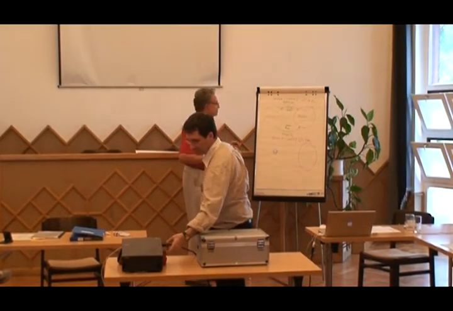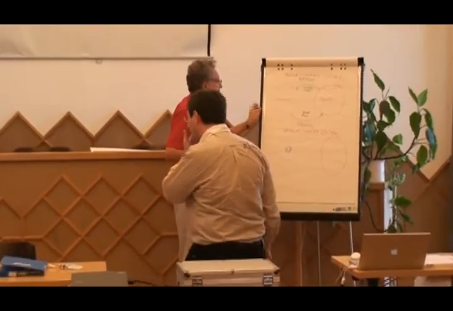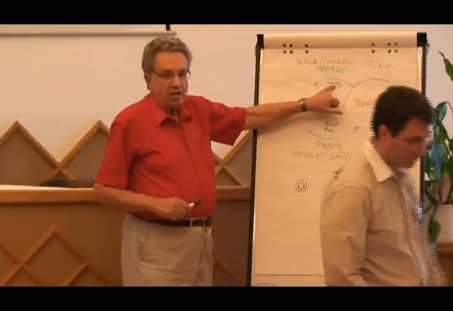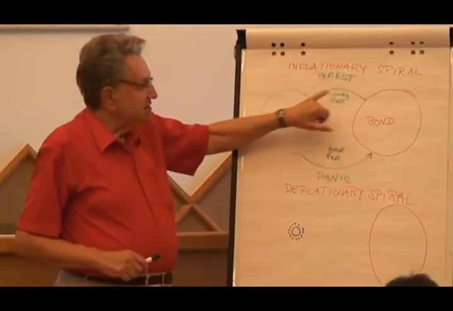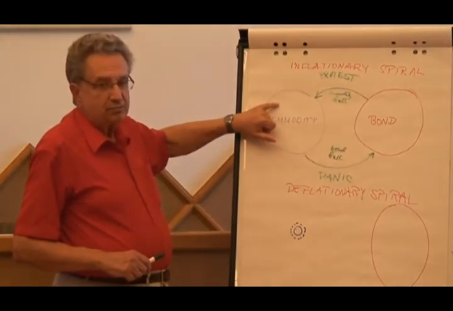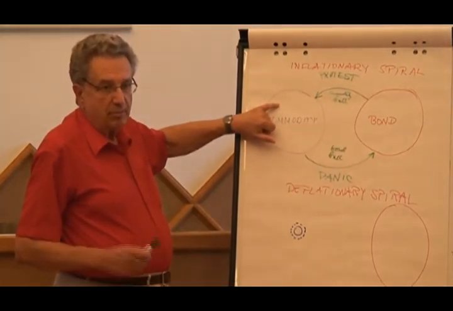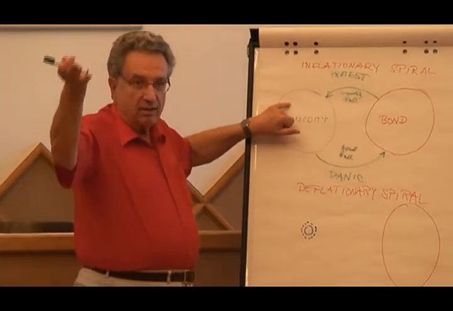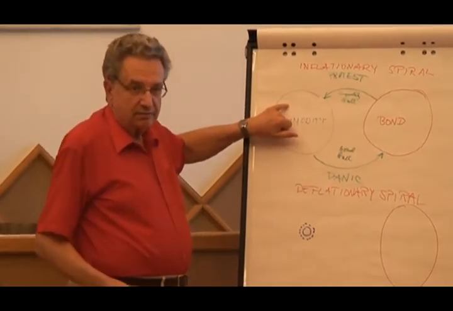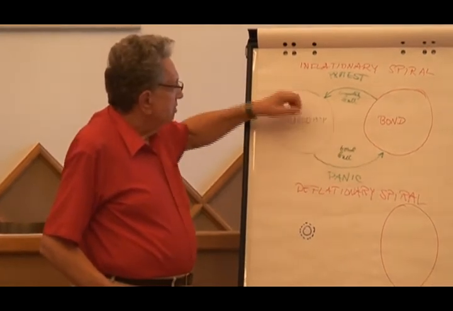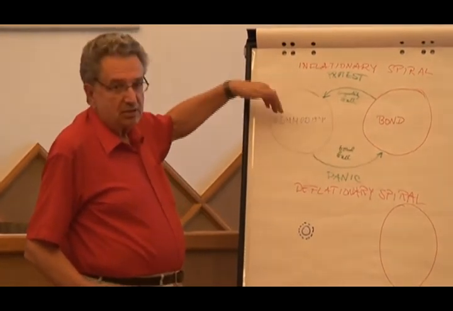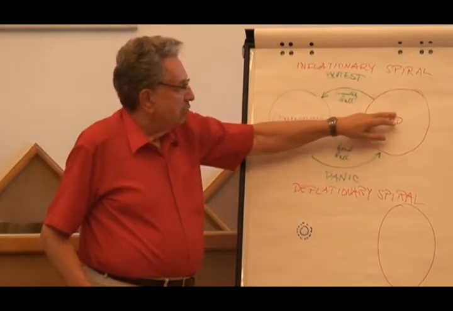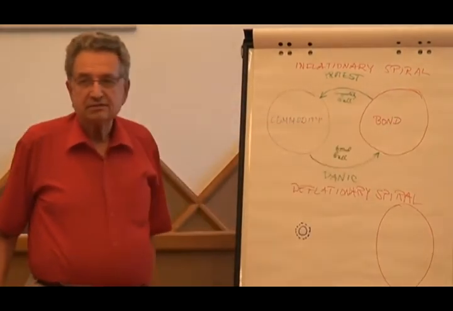So let me ask you a question. Suppose we have this commodity bull. What does it do to commodity prices? Sends them higher, right? So commodity prices go up. What does it do to bond prices?